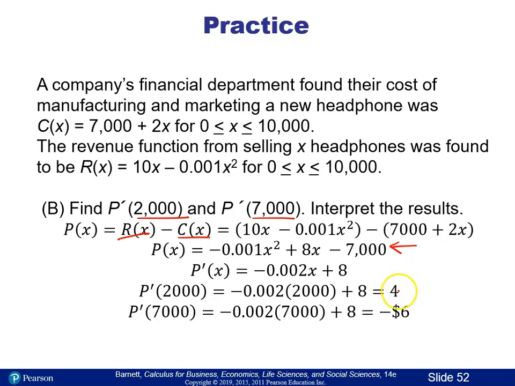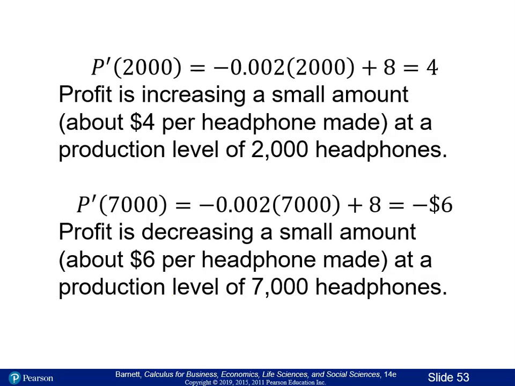So we get 4 for the marginal profit at a level of production of 2,000 and -6 at a marginal profit at a level of production of 7,000. So as far as interpreting these, again, because this is positive, profit's increasing a small amount, about $4 per headphone made at a production level of 2,000 headphones.